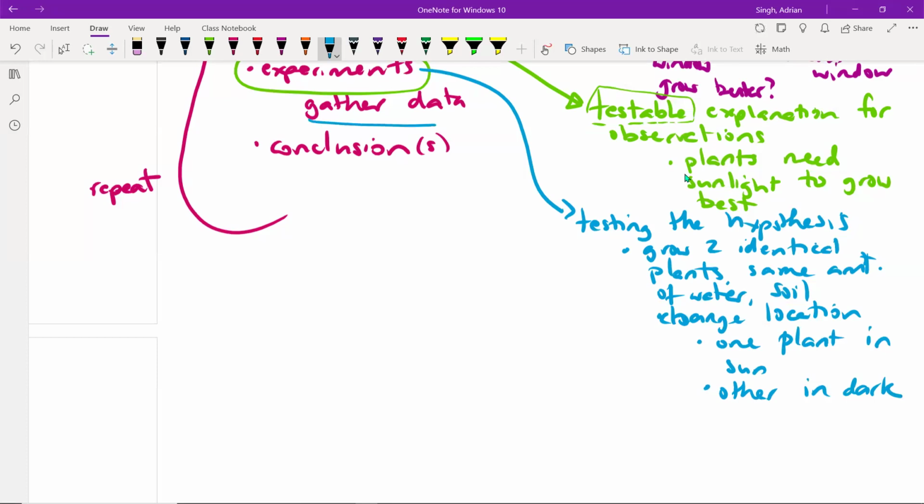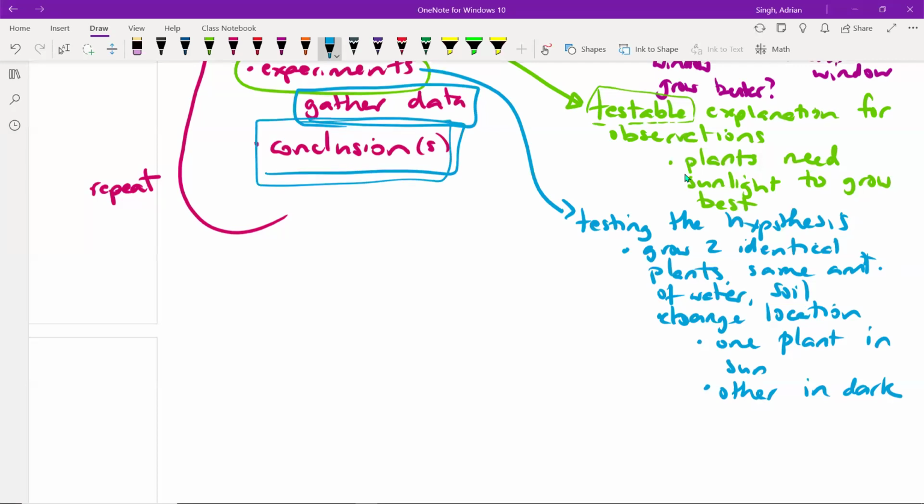And then we can gather our data, those numbers that we collect: height of the plant, whether it grows thicker or thinner, whether it's droopy, whether it produces fruit, etc. And then based on the data that we gather, we can then draw some conclusions about that data, right?